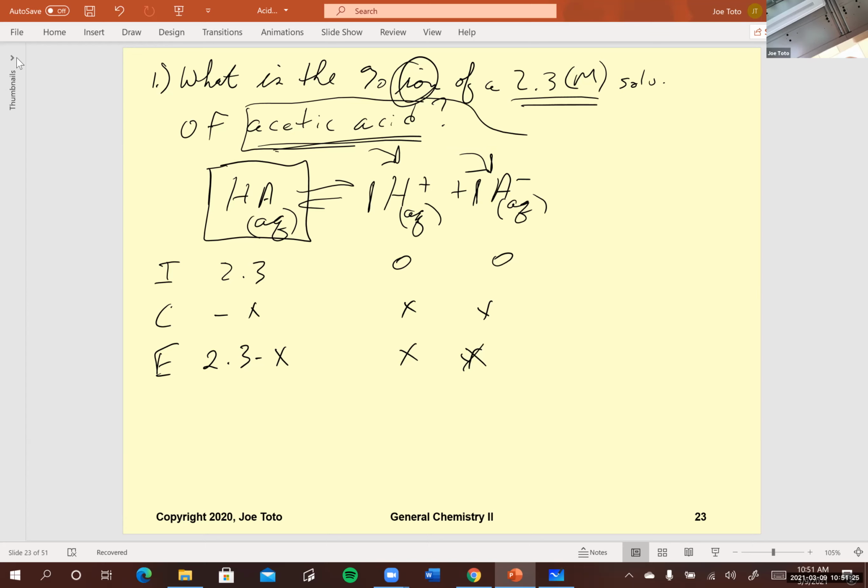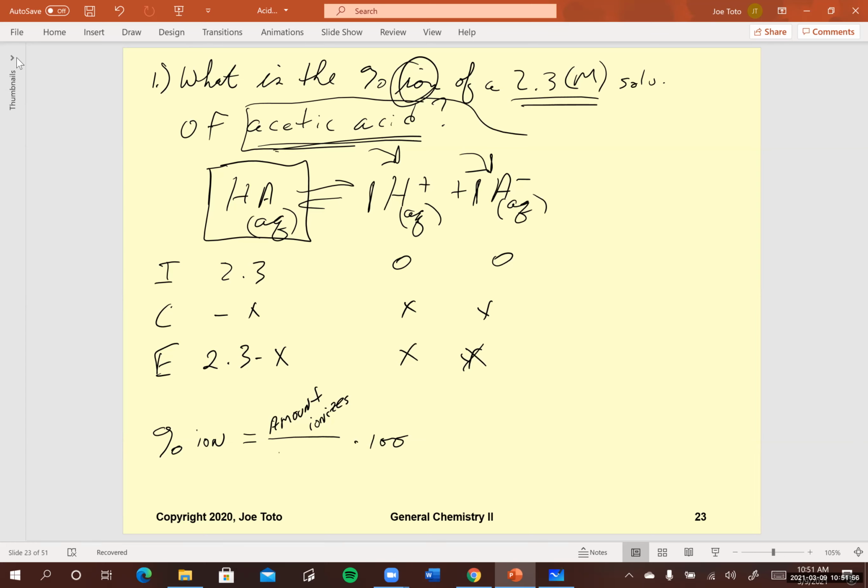So if I want to find the percent ionization or the percent dissociation, I'm going to have to divide the amount that breaks up or ionizes over what, times 100? It would be over 2.3, the original.